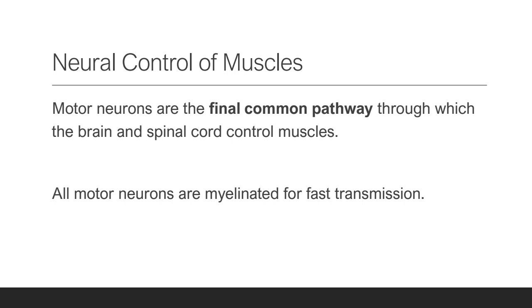So motor neurons are the final common pathway through which the brain and spinal cord control muscles. As with other neurons, an action potential in a motor neuron is going to release a neurotransmitter, and like I said, for motor neurons, this neurotransmitter is going to be acetylcholine.